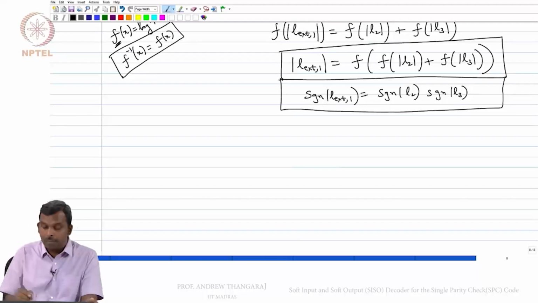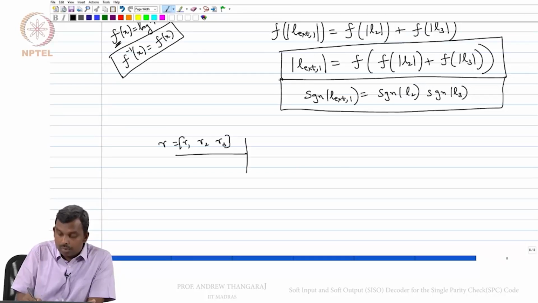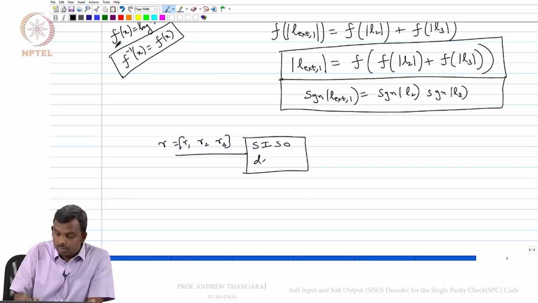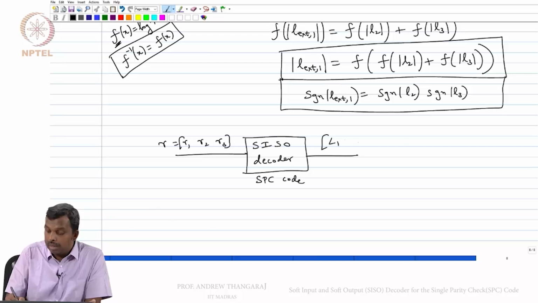So, when you want to build the SISO decoder for the SPC code, what is going to be your capital L1, capital L2, capital L3?